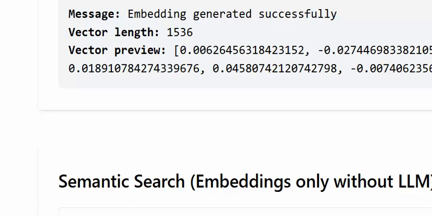But in this situation, instead of many vectors, the whole prompt will have one vector.